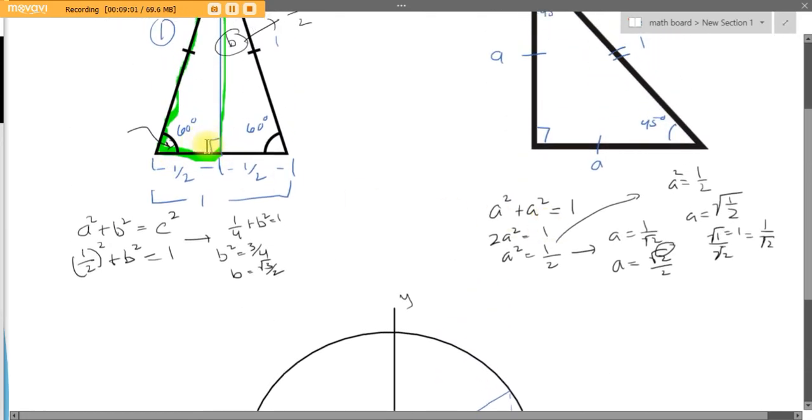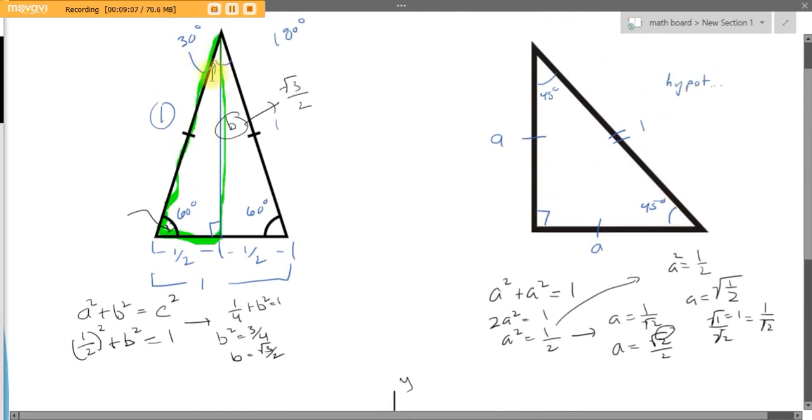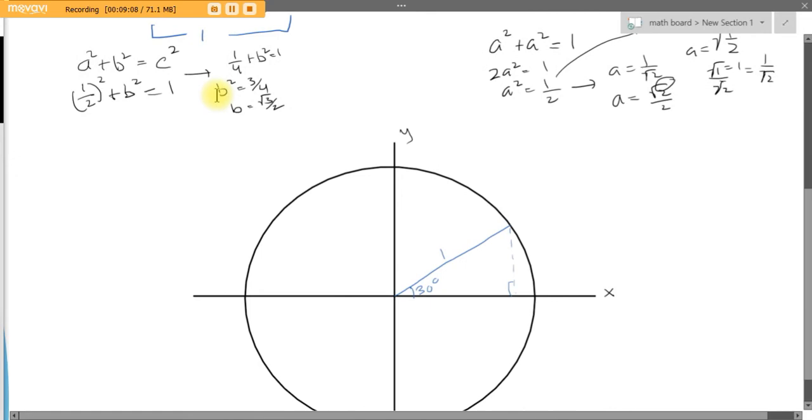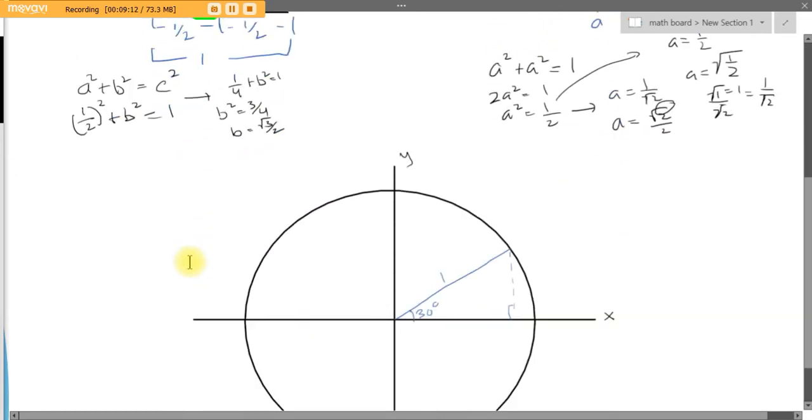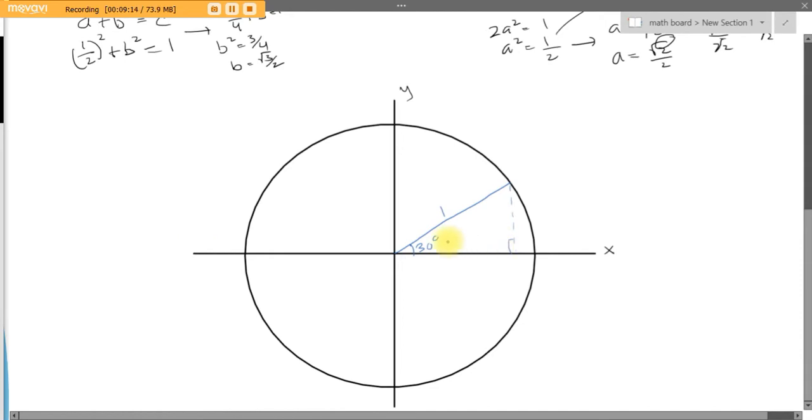Here's the 90-degree angle, here's the radius, and here's the 30-degree angle. So the side opposite from the 30-degree angle is simply 1/2. And the side adjacent to the 30-degree angle, or cosine, is √3/2.